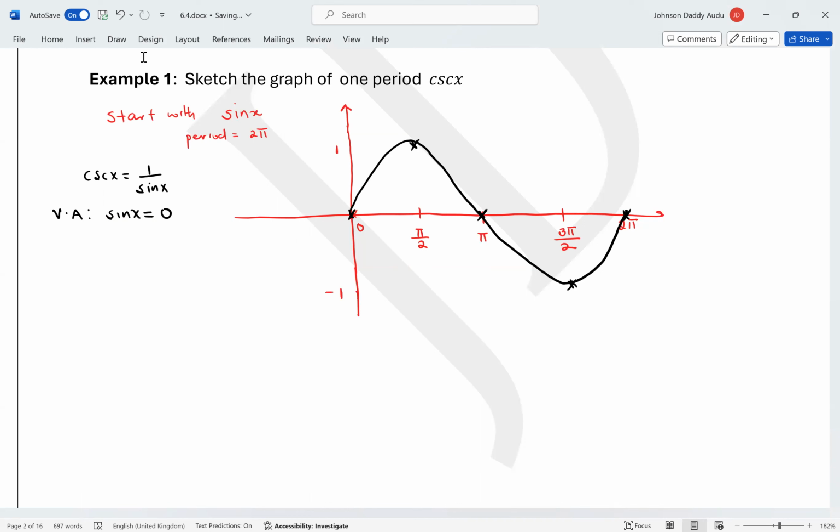In other words, the x-intercepts of the graph of sine x. So you have a vertical asymptote here, and also at pi, because these are the zeros of the graph of sine.